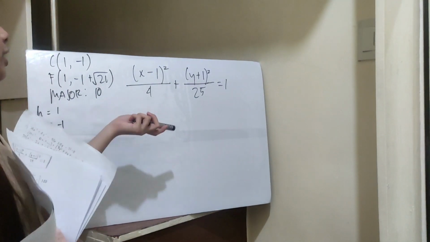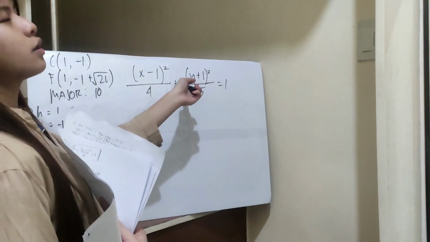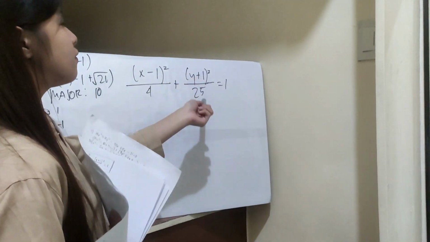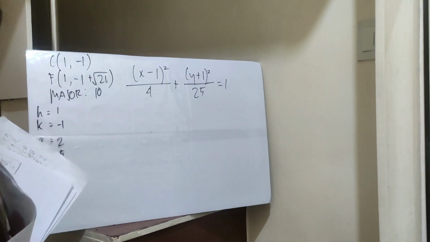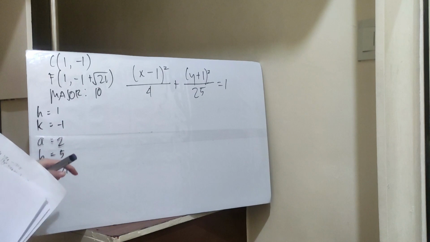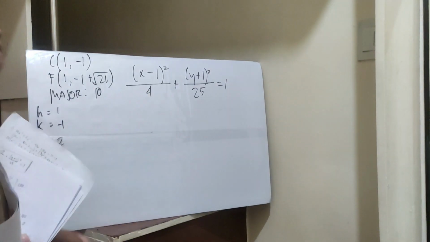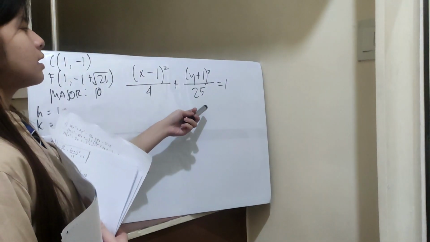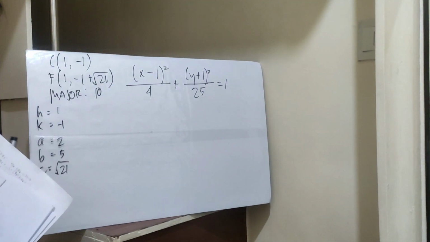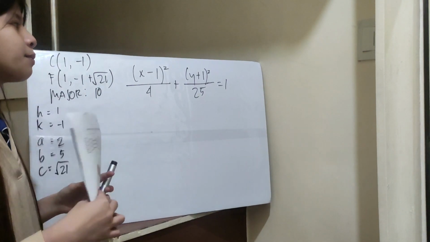And for our y coordinate, we have our k, which is negative 1, which will automatically be positive 1. For our denominators, we got 4 for our x coordinate simply because we squared the 2, and that's how we got 4. We also squared the 5, and that's how we got 25. So that's how we can get the standard equation given its properties.